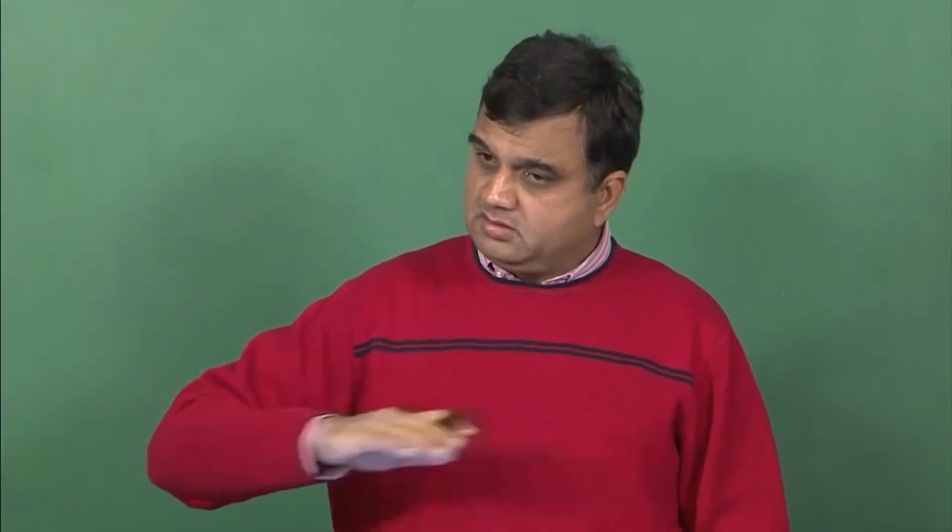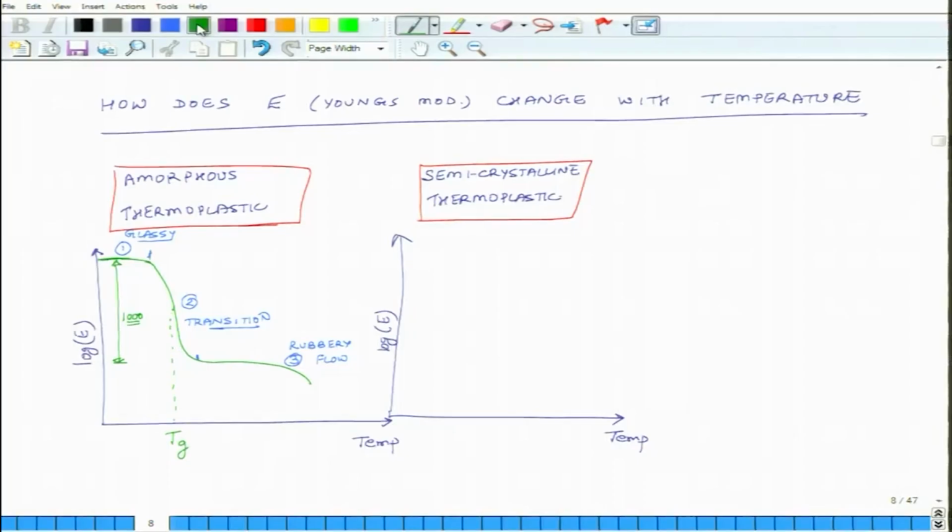But then once you have crossed the melting point, it goes into rubbery flow state. So the curve is something like this. So you have the glassy state, and then there is some drop, and then it is like this, okay. So this is your Tg.